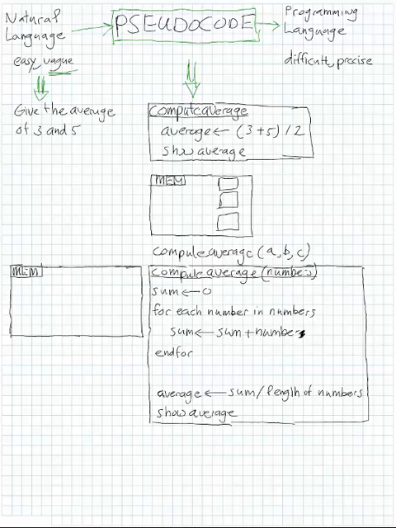In this case, we start by computing the sum of 3 and 5 and dividing the result by 2. And I've chosen to store the result in the computer memory. And that happens here with the arrow.